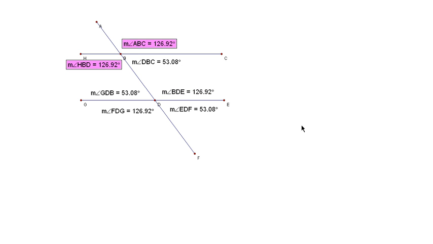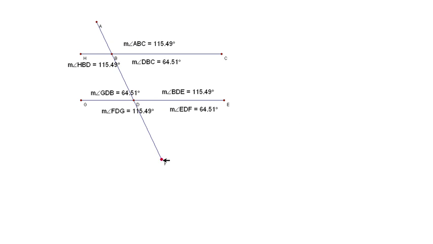Okay, and of course it's the same as that one because they're opposite angles. So again, you can take this line and you can drag it, and all of these relationships will stay intact. The only thing that will kill all of these relationships is if these two lines are no longer parallel. So if I do that, then of course all is not good in the world anymore with these relationships.